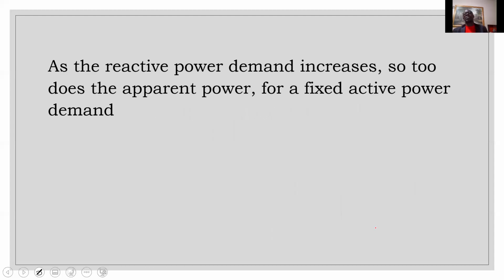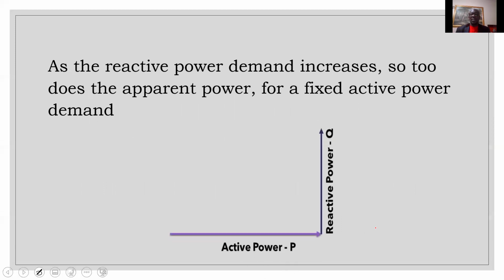As the active power demand increases, so too does the apparent power. So for a fixed active power, meaning the equipment has not changed in terms of the power demand, the true active power demand, if the reactive power demand increases, then we are going to see increases in the apparent power.